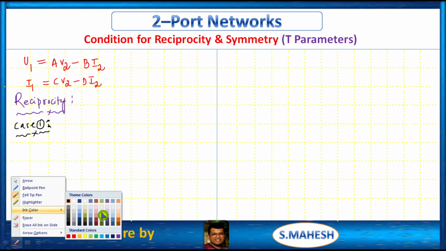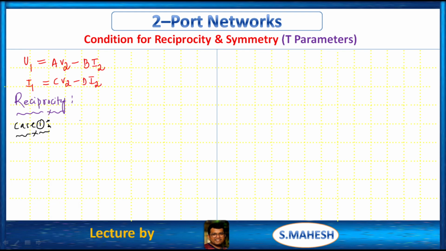From that we will have the condition for reciprocity, right? So here the condition is what? Short circuit output port, that is V2 equals 0. Then we have to get the circuit model for this case.